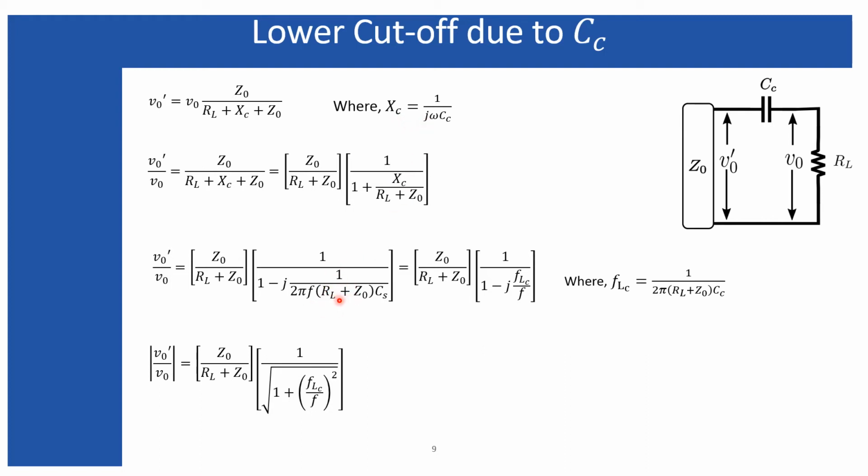And finally, I have clubbed all terms other than the f into one, and I named it as FLC, which is the lower cutoff frequency for this capacitor CC, and that is equal to 1 over 2 pi (RL plus Z naught) times C. So RL and Z naught are coming in series, and when they are associated with this capacitor CC, they are defining the lower cutoff frequency FLC, and that is obviously different from the lower cutoff frequency defined by the CS.